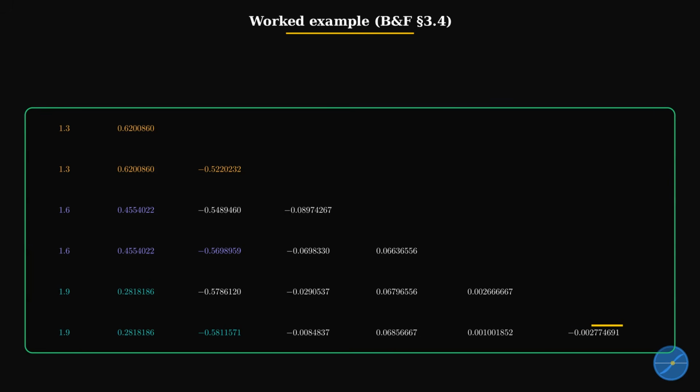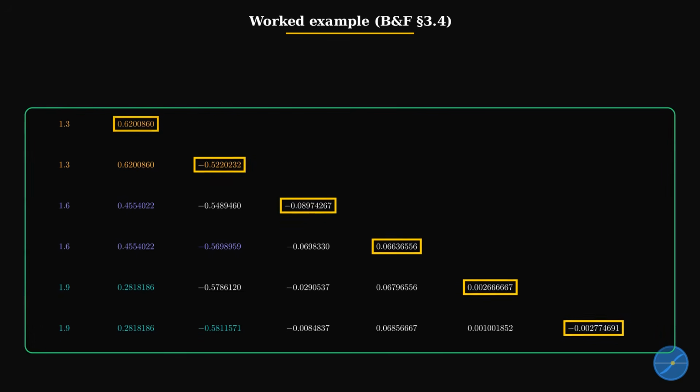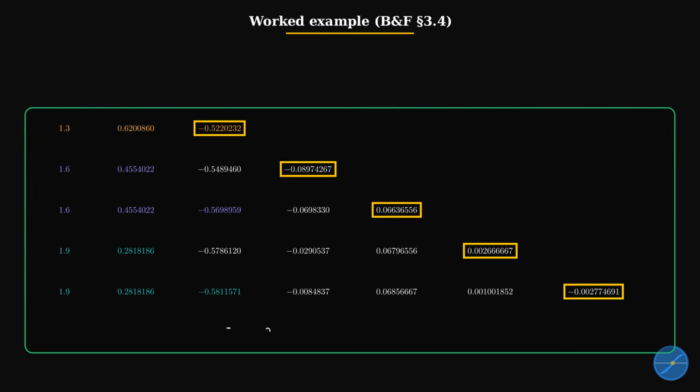The leading diagonal is the whole answer. Those 6 numbers are the coefficients. Evaluate at 1.5 term by term. The first term is the value itself, 0.6200860. The slope term, minus 0.5220232 times 0.2, minus 0.10444046. The next term, minus 0.0035897.